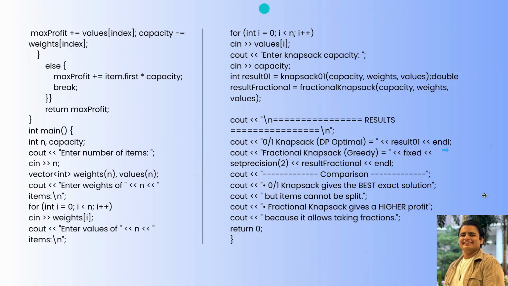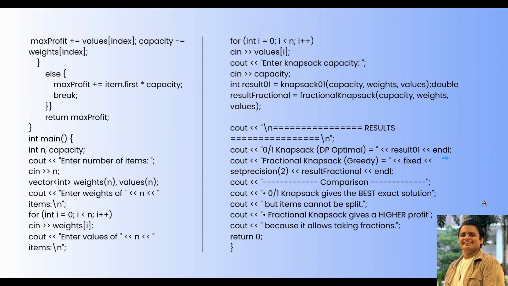Hello. So now I will explain the second half of the code, which is the fractional knapsack solution using the greedy approach. The first step is to compute the value to weight ratio for each item. The ratio tells us how much value we gain for every unit of weight.